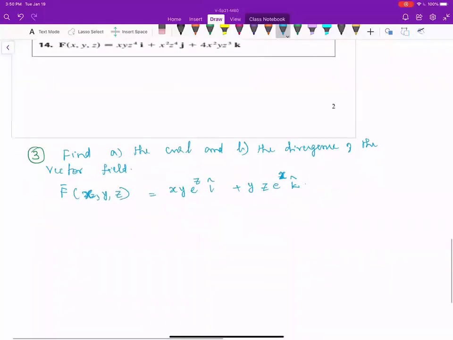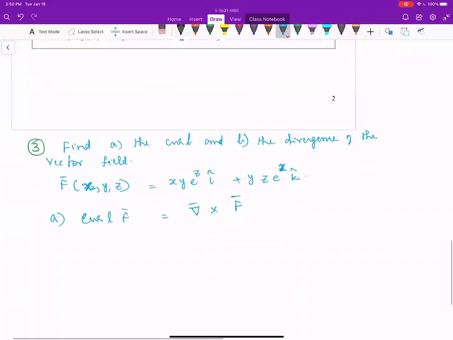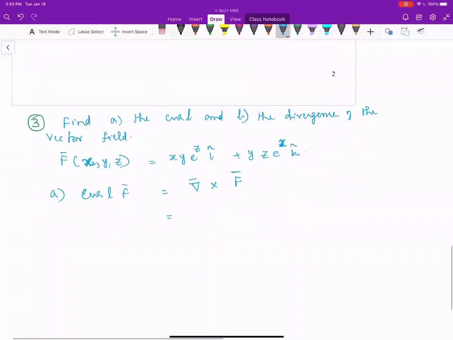So first let's try curl F. By definition, curl F is del cross F. So we'll use the determinant i, j, k.